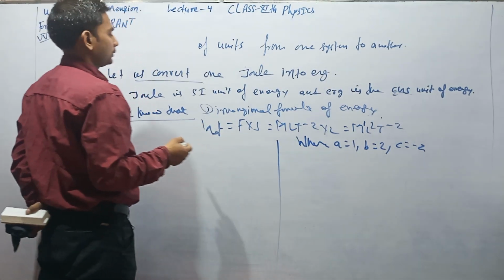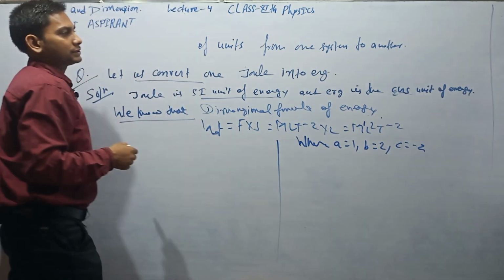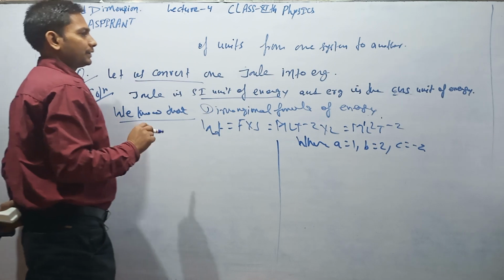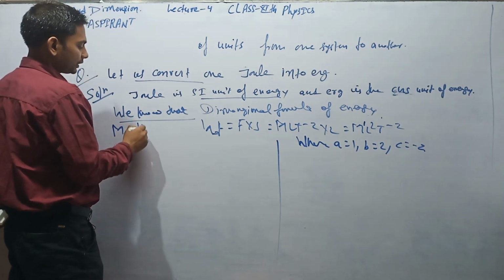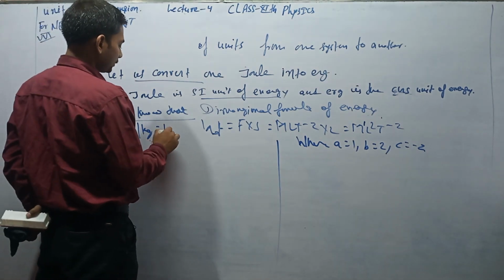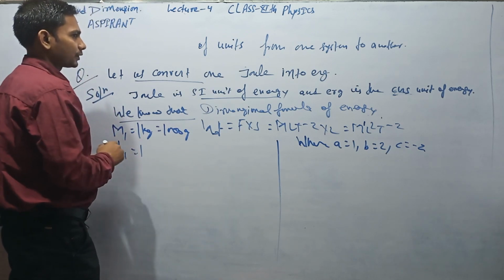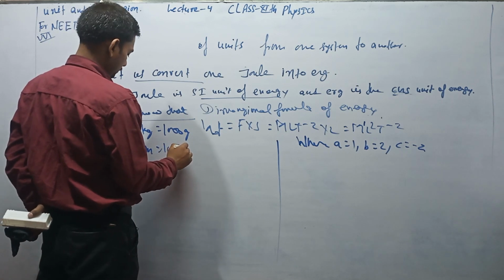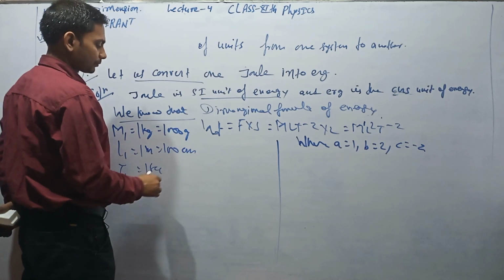Here, joule is the SI unit of energy and erg is the CGS, centimeter gram second, unit of energy. That means M1 is 1 kg in the SI system, that means 1000 gram. L1 is 1 meter equals 100 centimeter. T1 is 1 second.